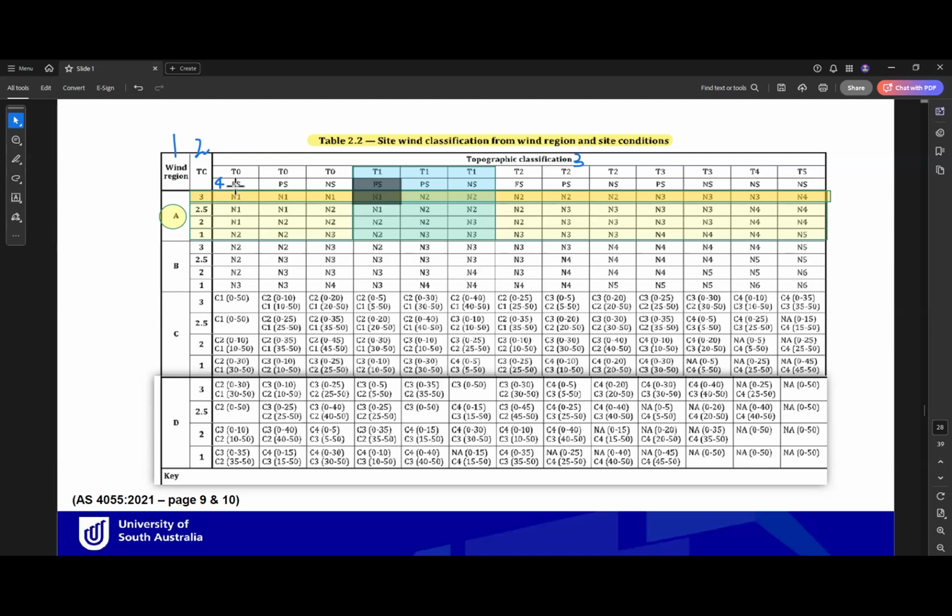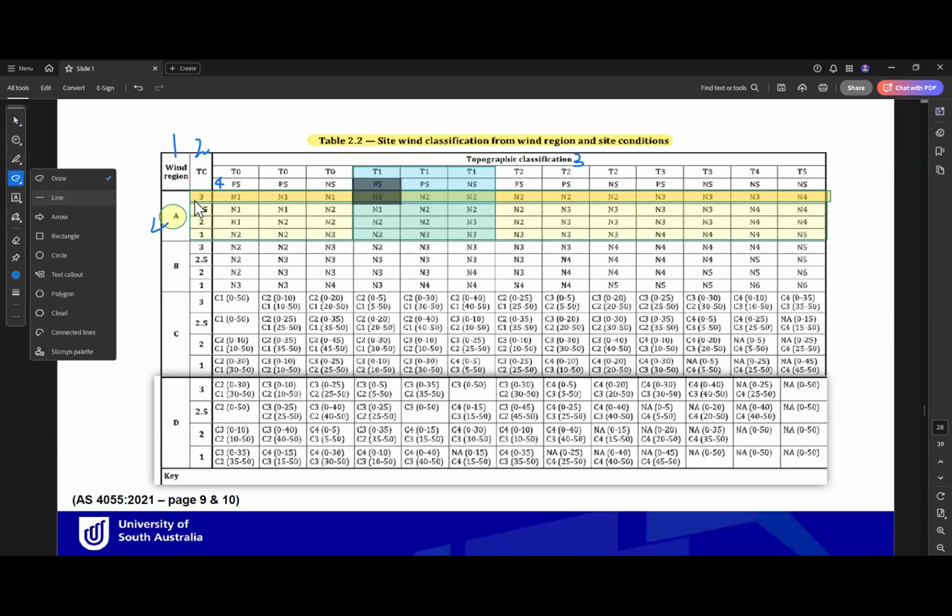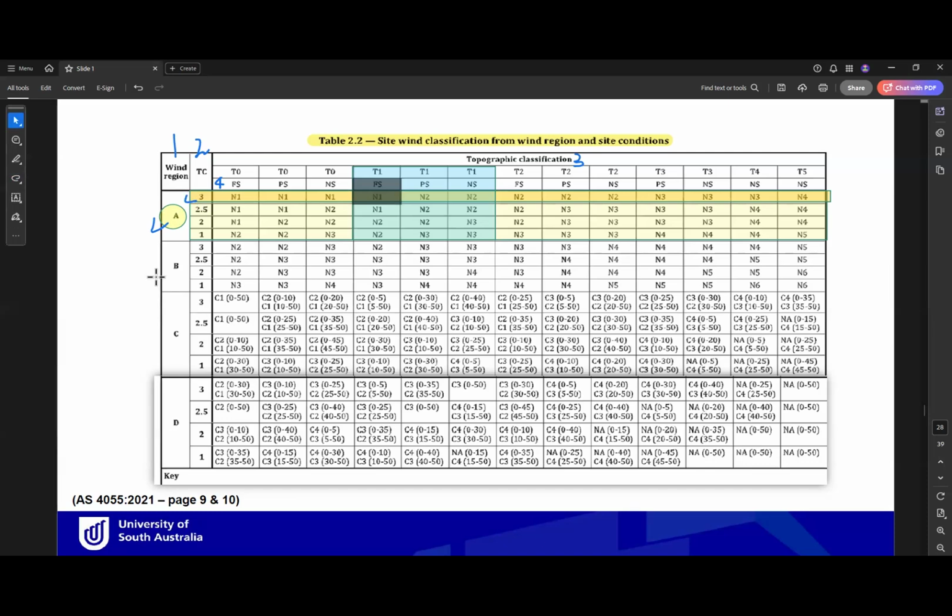An example: if we have a building in wind region A, this is number one, and the terrain category for this building is 3, so TC3, this is number two. And the topographic class for this building is T1, so this is number three. You can see here this triangle, these parameters here, are for the T1 topographic class.